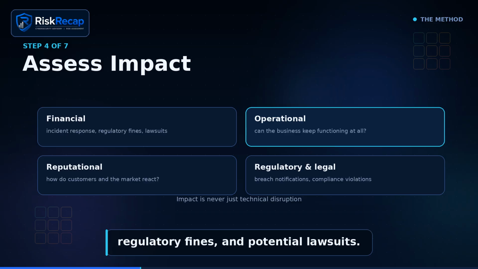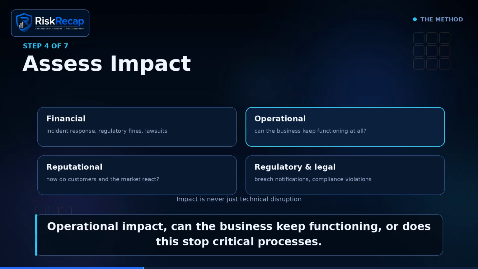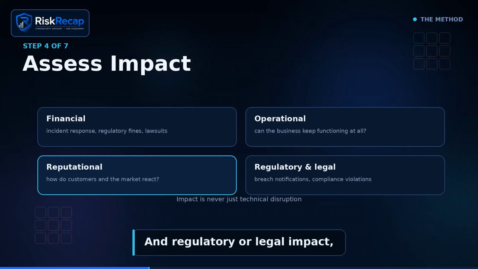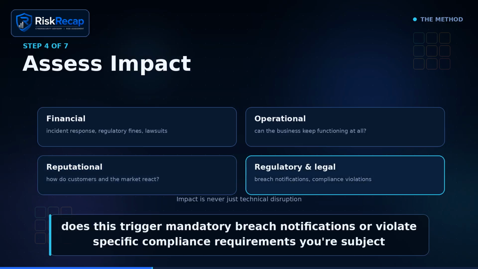Operational impact: can the business keep functioning, or does this stop critical processes? Reputational impact: how would customers, partners, and the market react? And regulatory or legal impact: does this trigger mandatory breach notifications, or violate specific compliance requirements you're subject to?